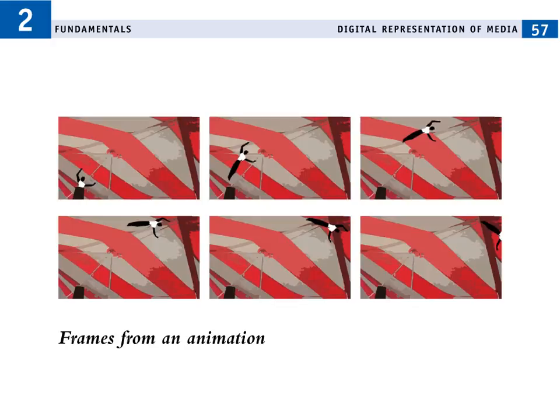Here shows frames from an animation. We have several frames, and when you render these frames in order, you will see this one slide from here to here, like this.